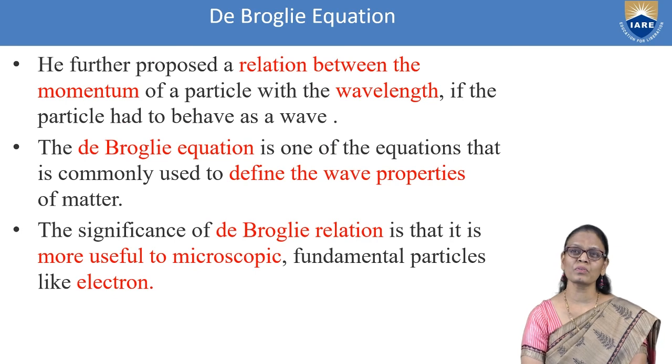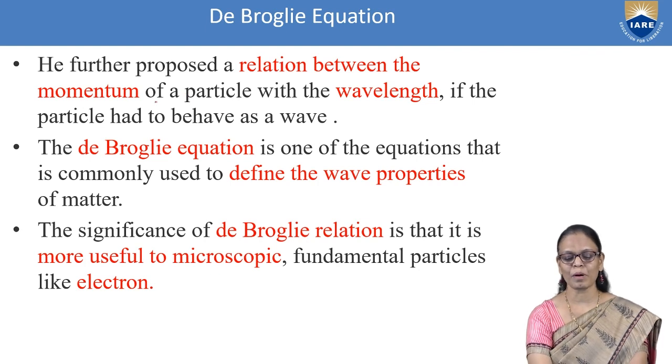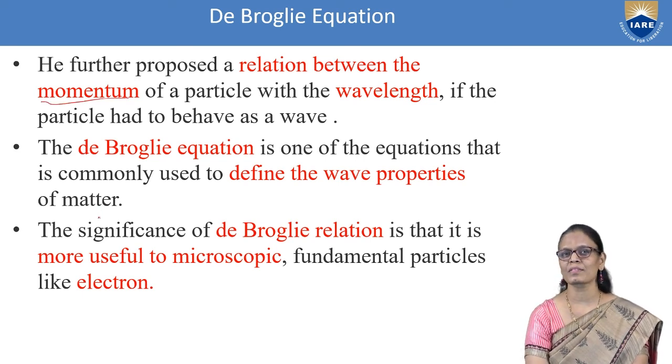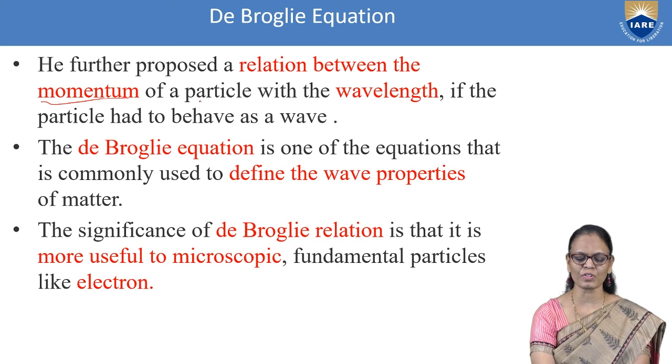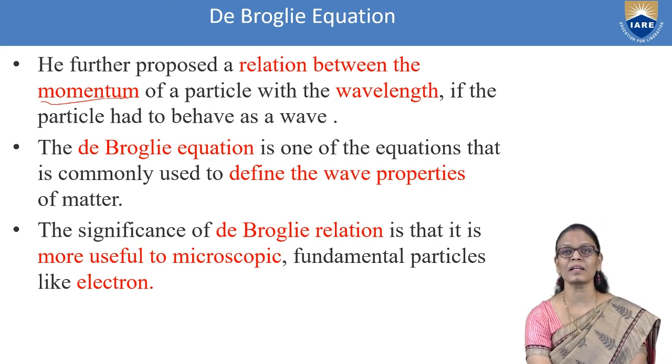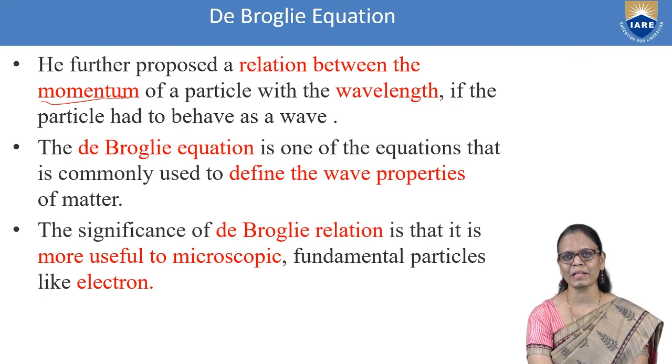Now, to make his theory stronger, he proposed a relationship between the momentum of the particle and the wavelength. Why he had to derive a relationship between momentum and wavelength is, momentum is a parameter which is always associated with particle. Whenever we talk about a particle, it has a mass, it has velocity, and we can express it in terms of momentum.